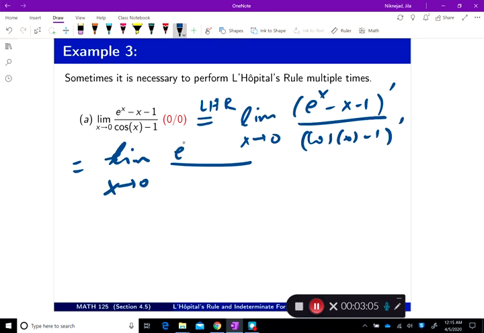So e to the power x minus 1 over negative sine of x. If I plug in 0, the numerator is 0, and the denominator is 0 also. So I get another 0 over 0 form. And what do I do? Another L'Hopital rule.